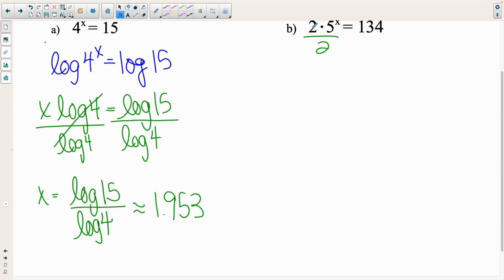And then try to follow what we just did in the last problem to see if you can take this all the way. Take the log of both sides, which will allow us to use the power rule.